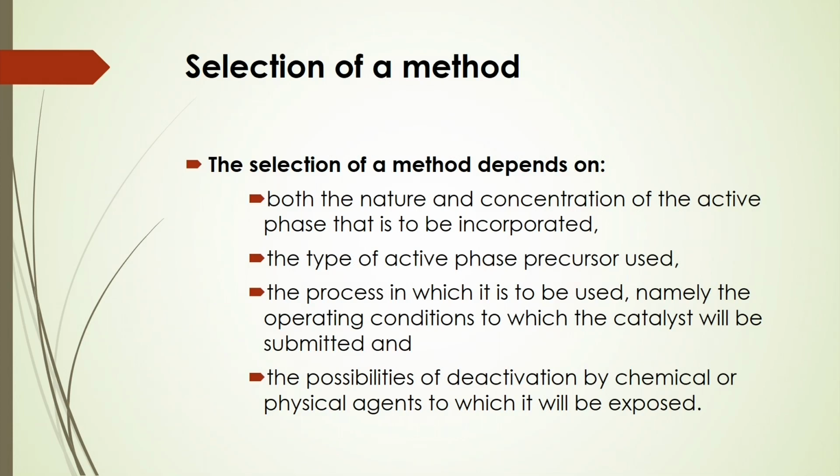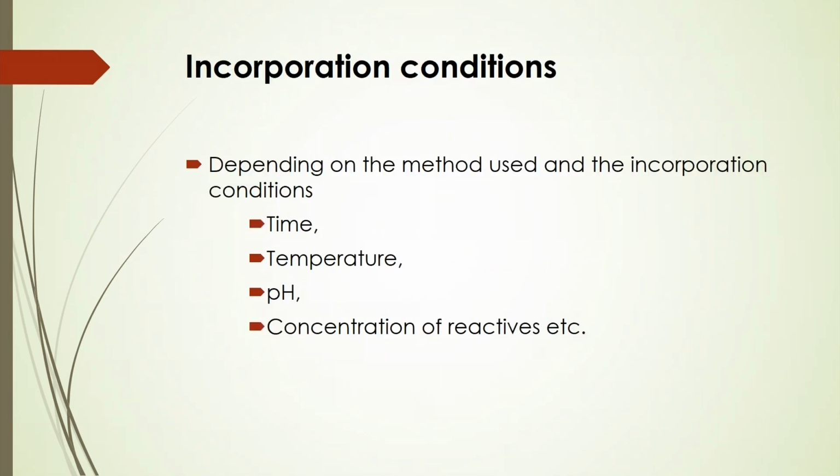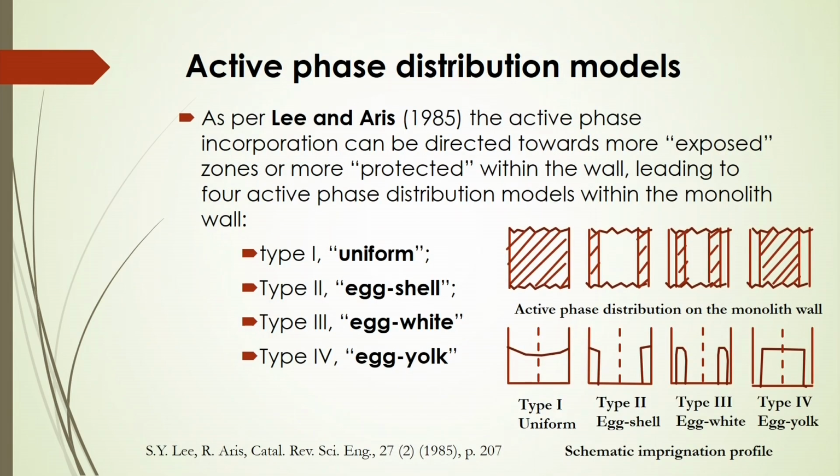These are the several factors which may give you the direction for the selection of a method for incorporation of the active phases on the monolith surface. And the conditions that affect the incorporation method are generally time, temperature, pH and concentration of the reactive.